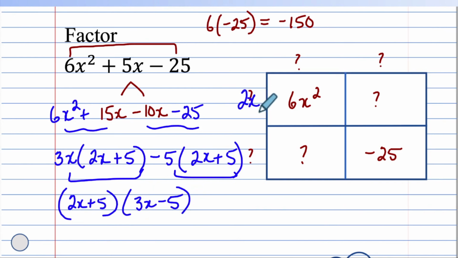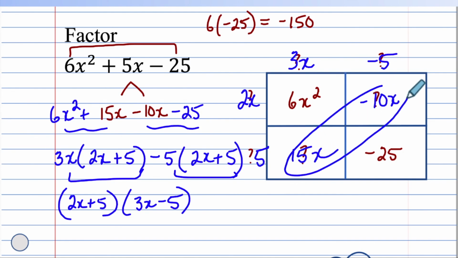If the 2x goes here and the 5 is here, we know that the 3x must go here and the negative 5 goes here. These two make 6x squared. These two make negative 25. But now we know that this one was negative 10x and this one is 15x. Those two added up to that 5x. We know we did it right.